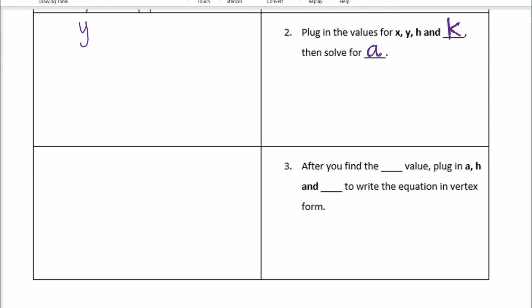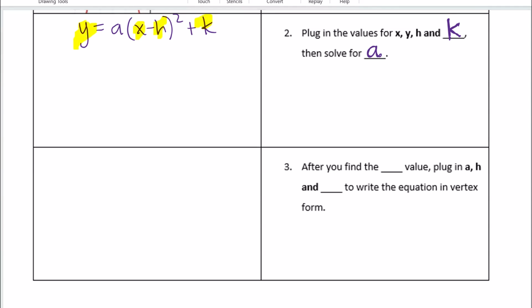So I'm going to write the equation again first. All right, and then we're going to plug in our values for all of these that we just found. We're going to plug them in to solve for a.